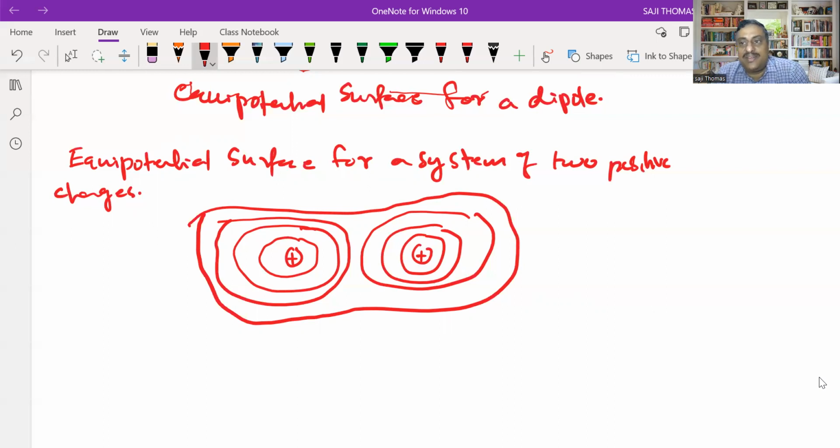For a uniform electric field, what is the shape of the equipotential surface? Parallel planes. And we have drawn equipotential surfaces for a dipole and a system of positive charges. Look at these diagrams in the textbook and draw exactly. My diagram is not so perfect.